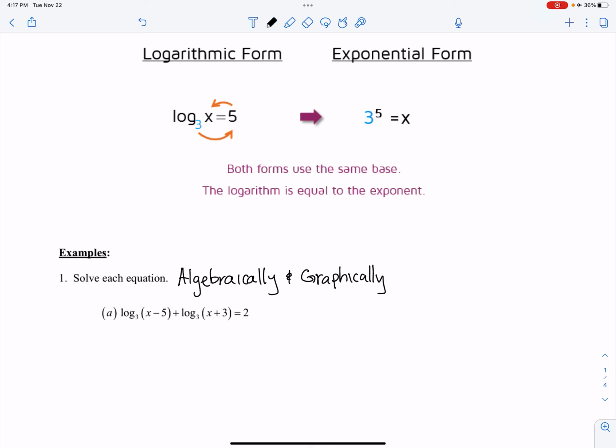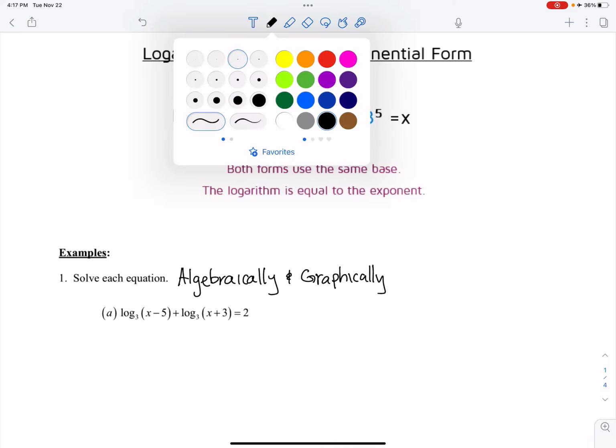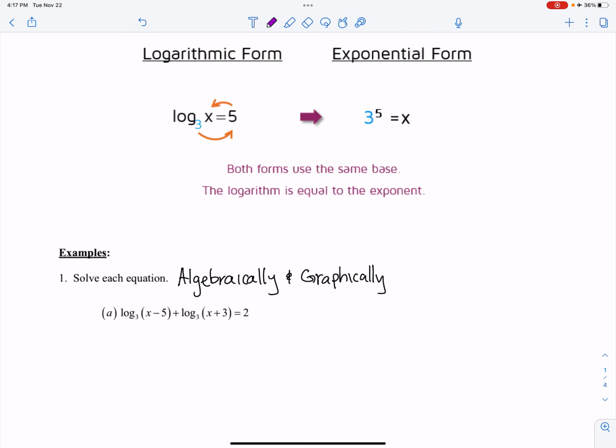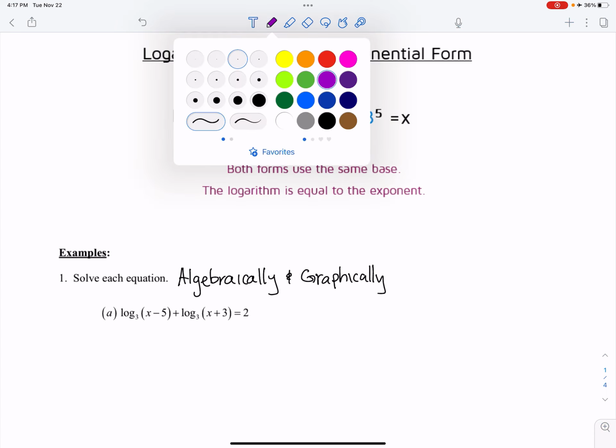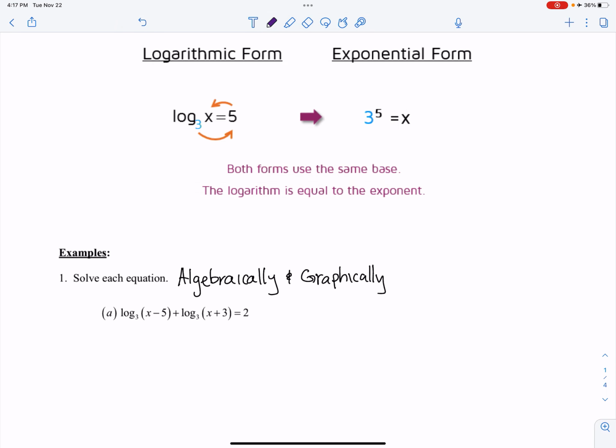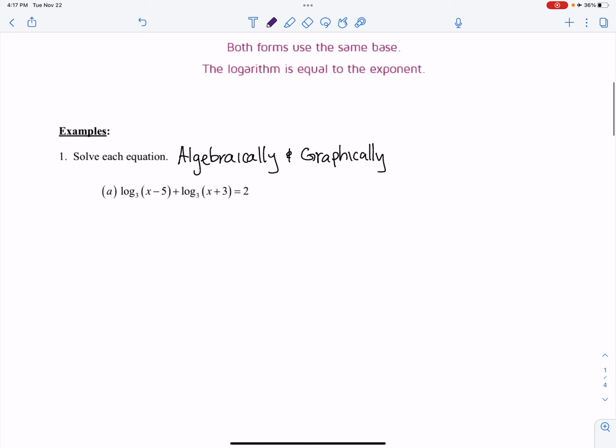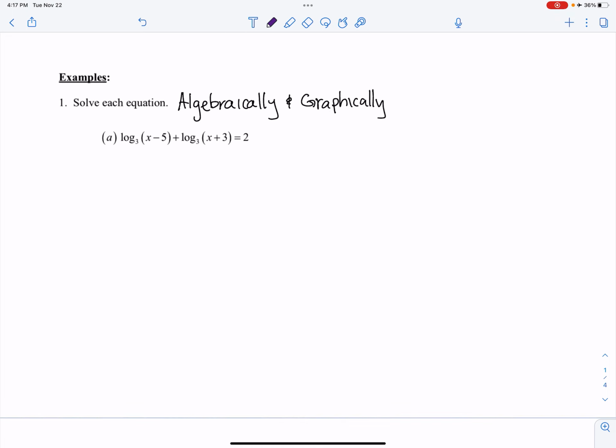Well, the first thing that I want to talk about is the domain. So I want to put emphasis on making sure we're staying in our domain when we find our answer. So the domain in our logarithms has to be greater than 0. So that's where we'll start.